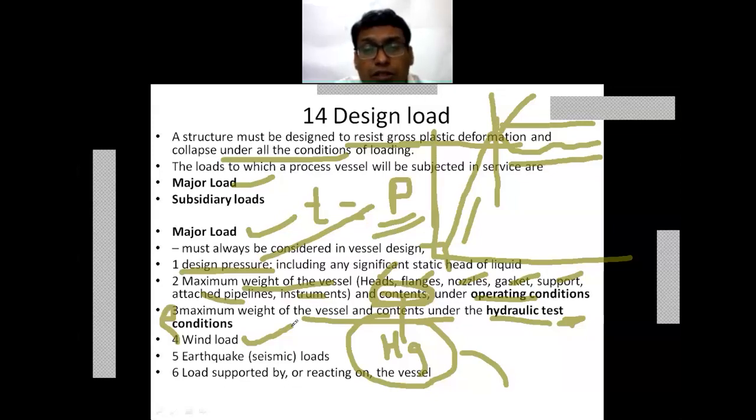All of these are to be given prior importance for wind load. If the vessel diameter is 1 or 2 meters, then the wind load becomes a negligible part.